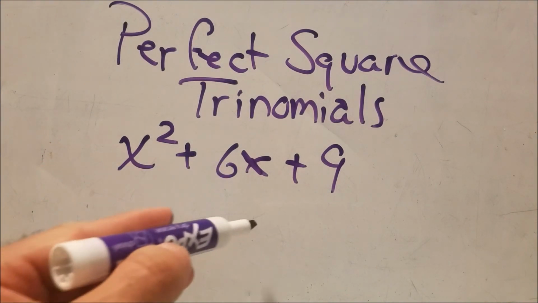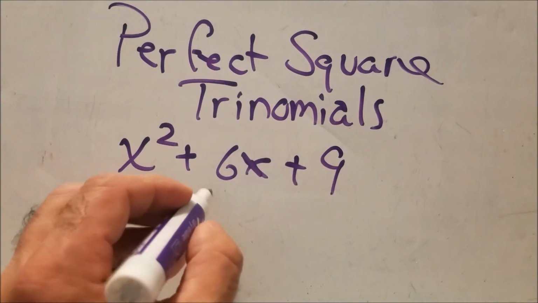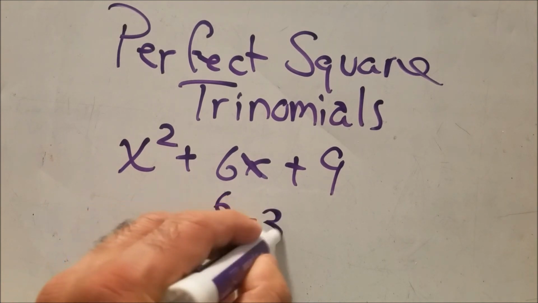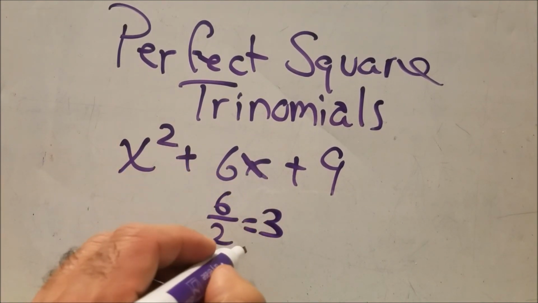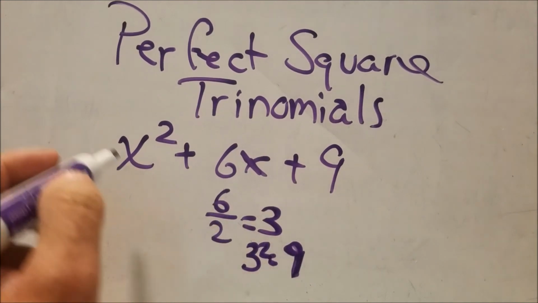And if you square the answer and you get the third term, the c term, then it's a perfect square. So let's look. If we take 6 divided by 2, we're going to get 3. And 3 squared equals the c term of 9. This is a perfect square trinomial.